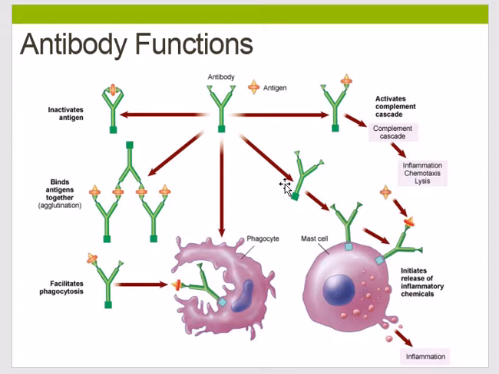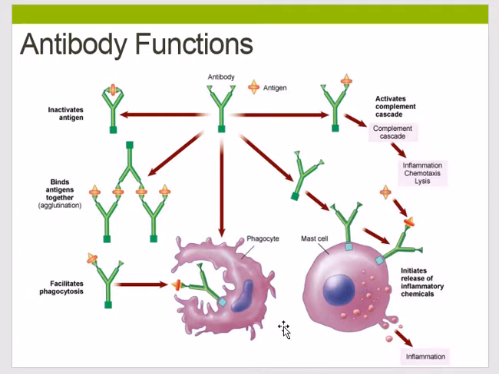The binding of the antibody can still produce yet another effect, which is activating that complement cascade that I spoke to you about before, that contributes to the destruction of foreign cells. And this leads to inflammation, chemotaxis, and lysis, which you can refer back to earlier slides if you need to review.